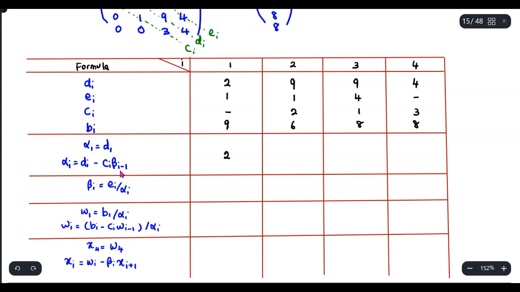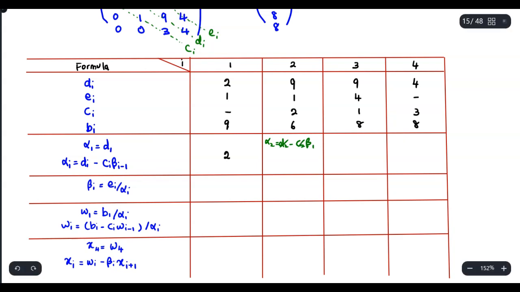Alright? So if I can write the formula somewhere here, alpha 2 is equal to D2 minus C2 beta 1. So you can see we have D2, no problem. We have the C2 somehow.